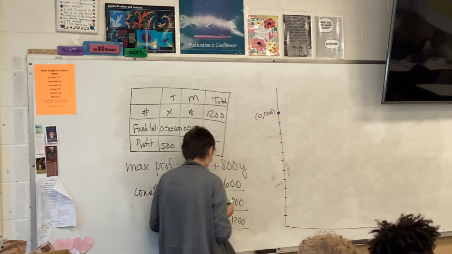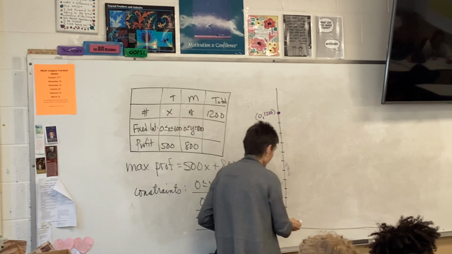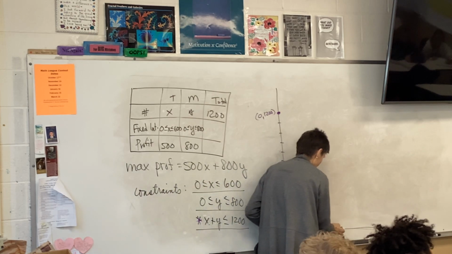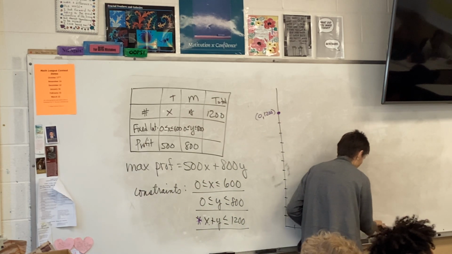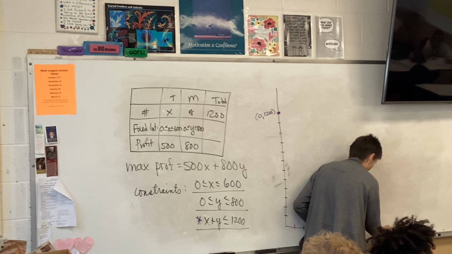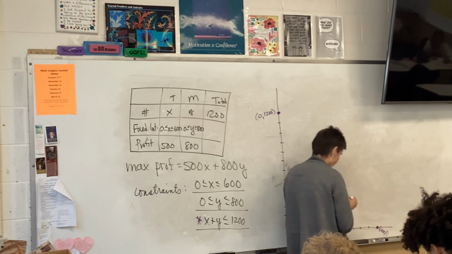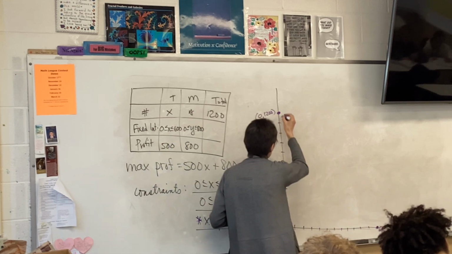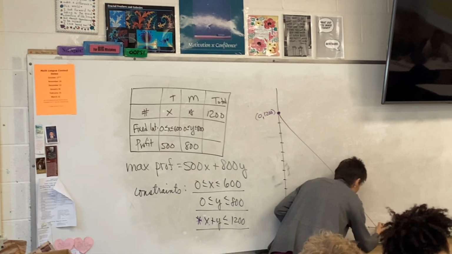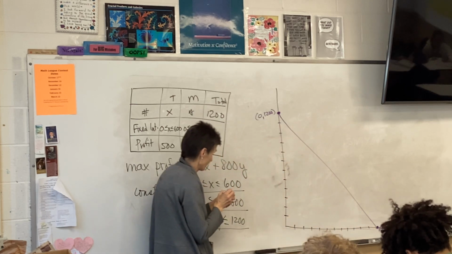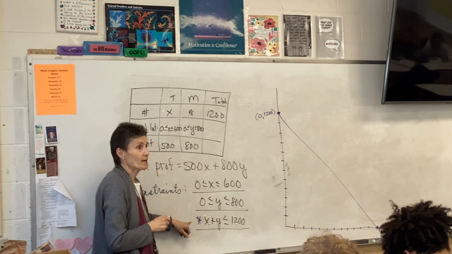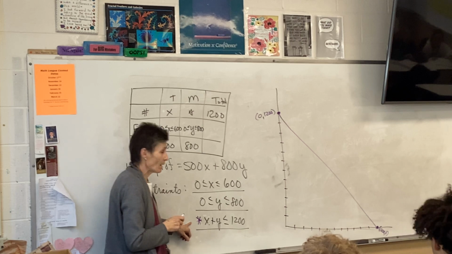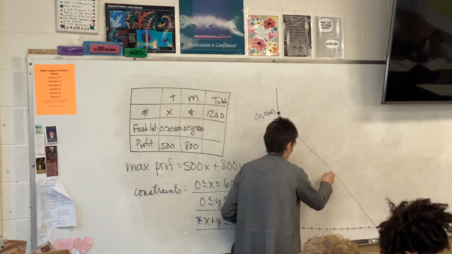And if I cover up Y, X is also 1, 2, 3, 4, 5, 6, 7, 8, 9, 10, 11, 1,200. Everybody in agreement there? Connect them with a line as straight as we can make it. And where would that be shaded? Down. Perfect.